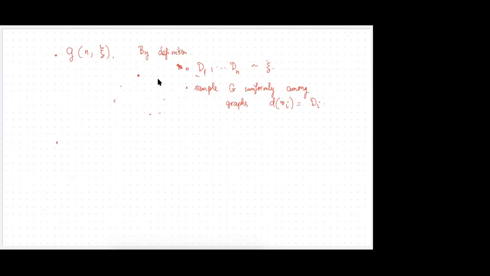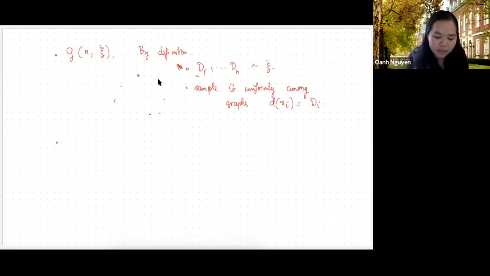But there is the configuration model, and this is the one that is actually more useful, I guess. For each vertex, we also sample the degrees d_1 to d_n, and we think about these as half edges. So at v_1 there are d_1 half edges, at v_2 there are d_2, and so on.